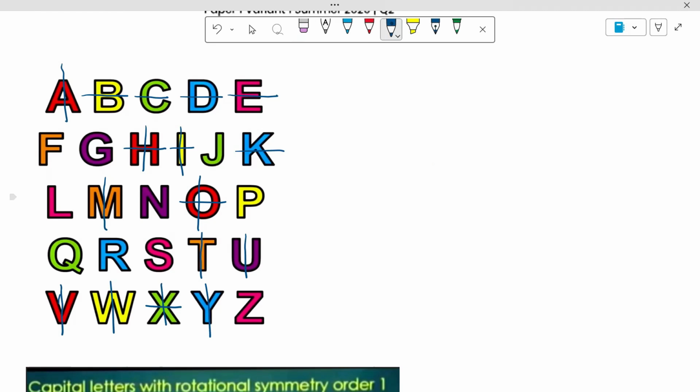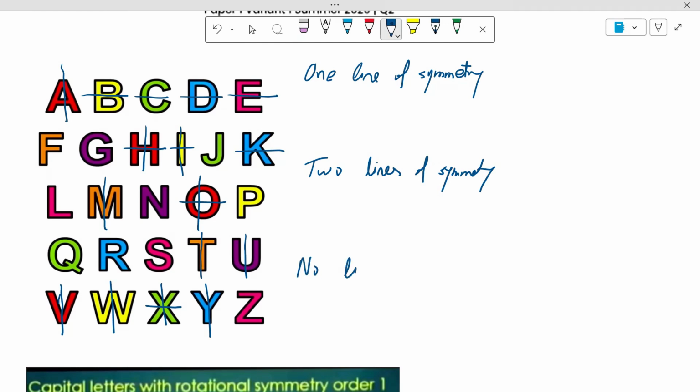After this, let's make a list for our convenience. One line of symmetry, two lines of symmetry, then no line of symmetry.